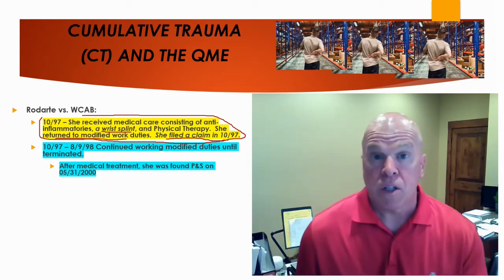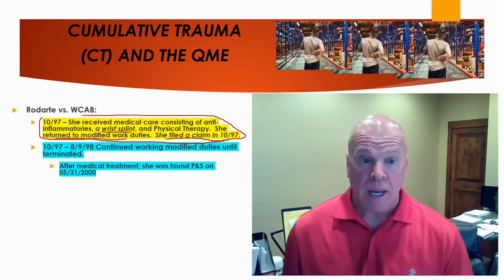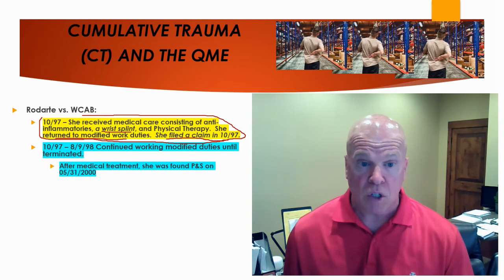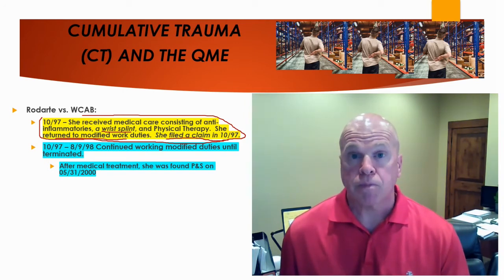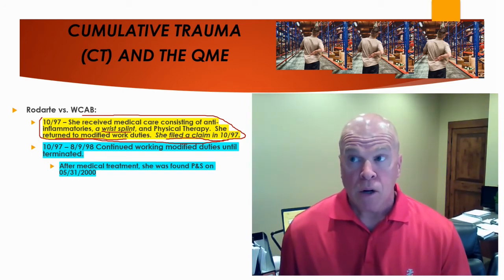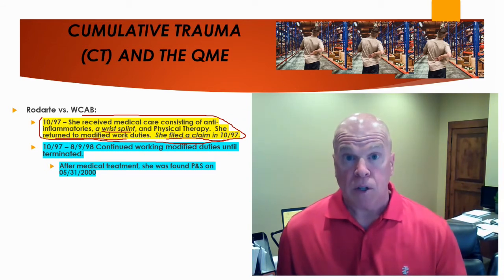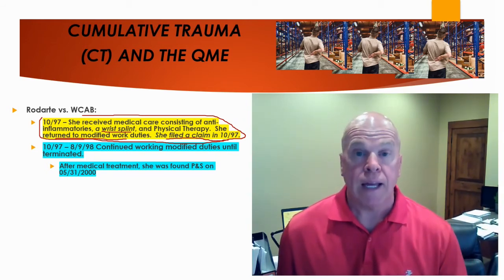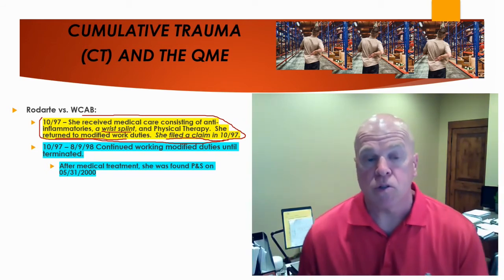Well, what about the disability? As we saw in the Wagner case, the provision of the wrist splints in the Wagner case was sufficient to establish the disability, right? Remember that from the Wagner case.